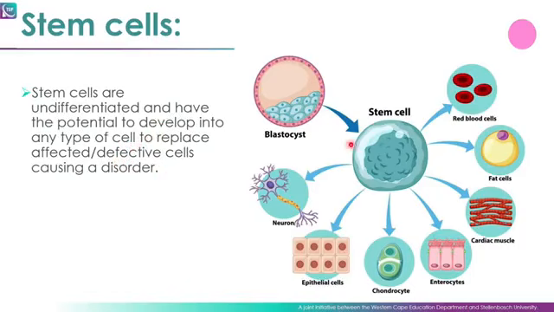Now remember, we can get stem cells from embryos, which normally has some ethical problems, but we can also get stem cells from adults. So I can harvest your stem cells by drawing, for instance, red blood cells from your blood or from fat tissues. We can then use these stem cells to replace the affected cells that might be caused by a disorder.